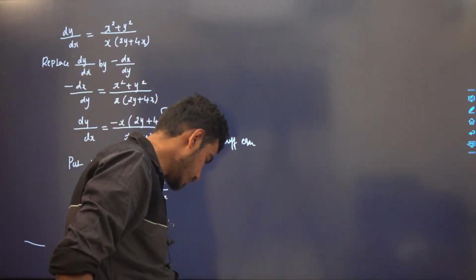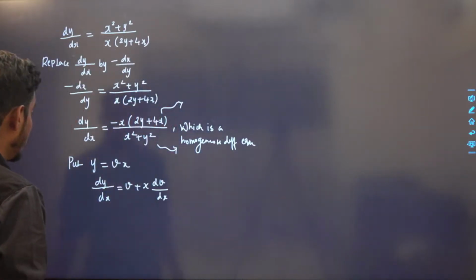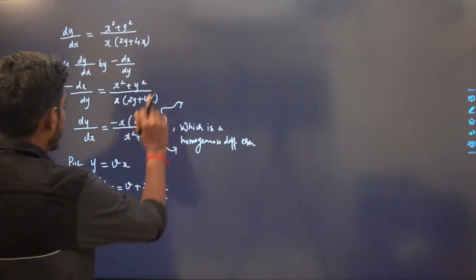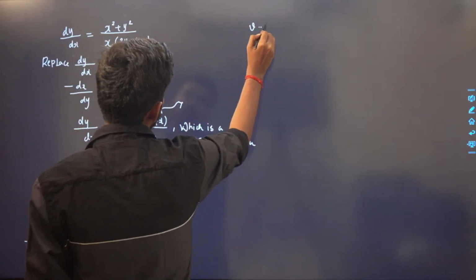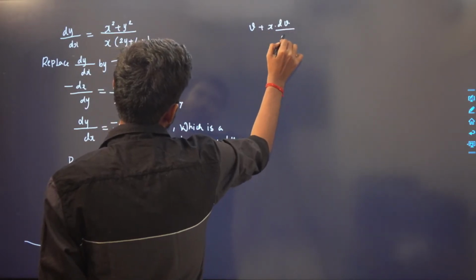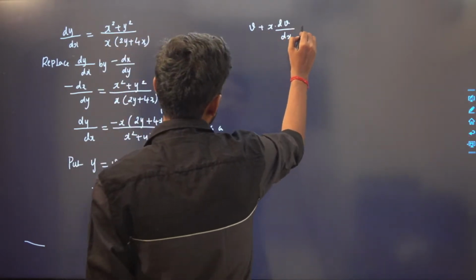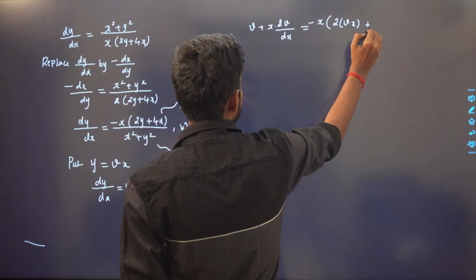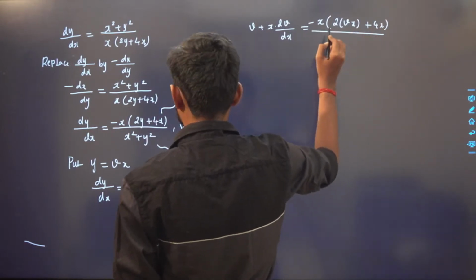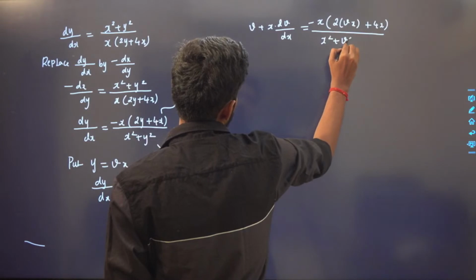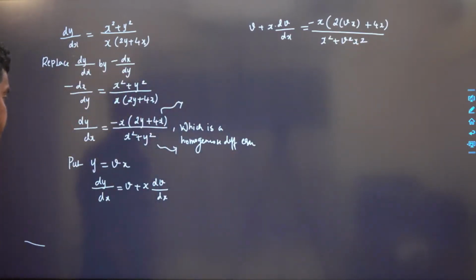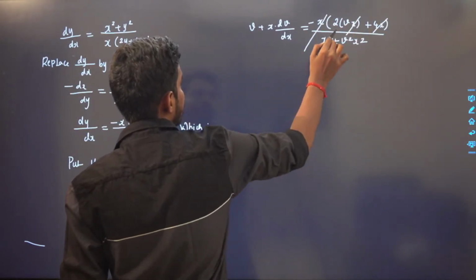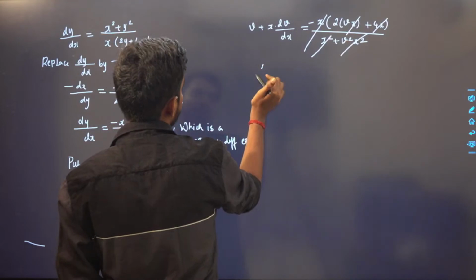So dy by dx is v plus x dv by dx equals minus x into 2y plus 4x over x square plus y square, with y as vx. The x square will get cancelled.